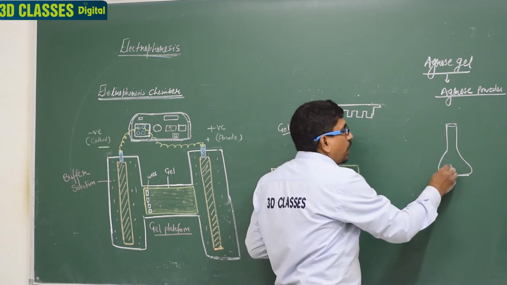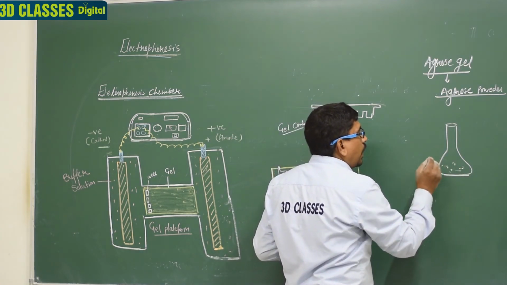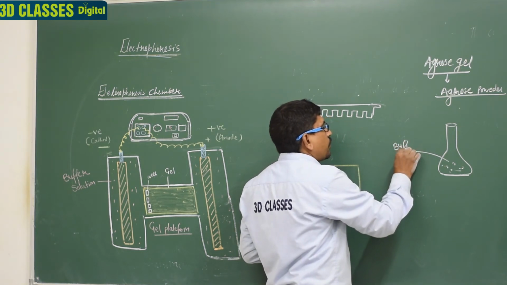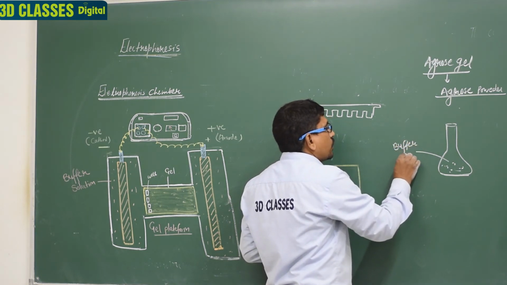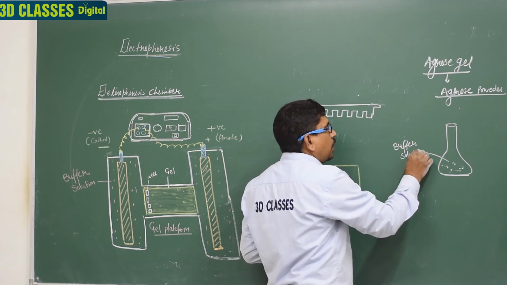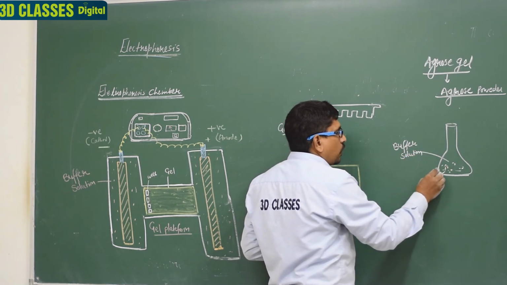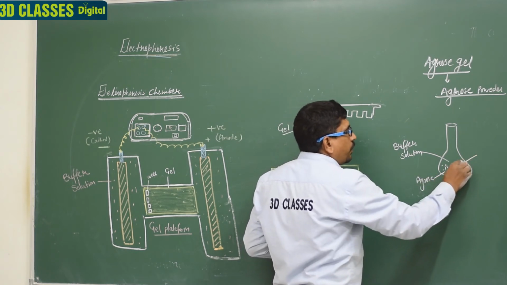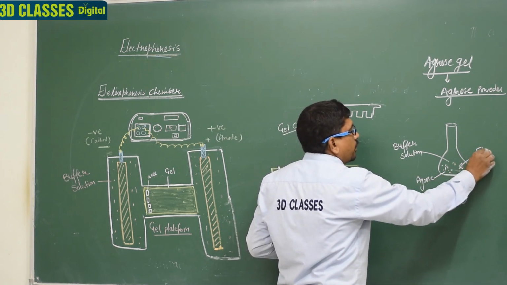We add a buffer solution, the same buffer solution as in the chamber, in a particular ratio, along with the agarose powder, and we also mention here EtBr dye.